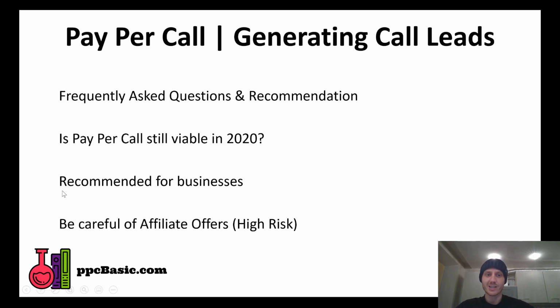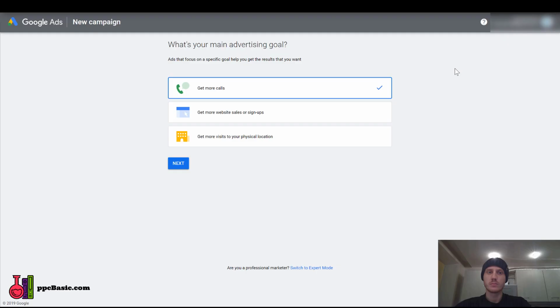But if you're intending to generate leads for a business, whether it's in the United States, in Canada, Australia, or anywhere in Europe that supports pay-per-call, then this is a highly, highly viable and profitable business going into 2020 and into the future. But once again, avoid running affiliate offers because most of them are typically kind of shady.